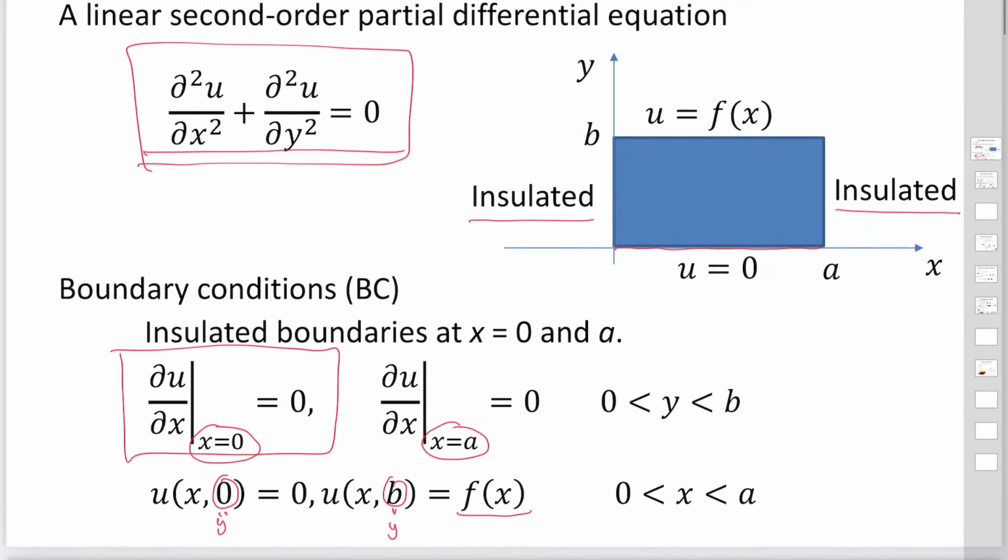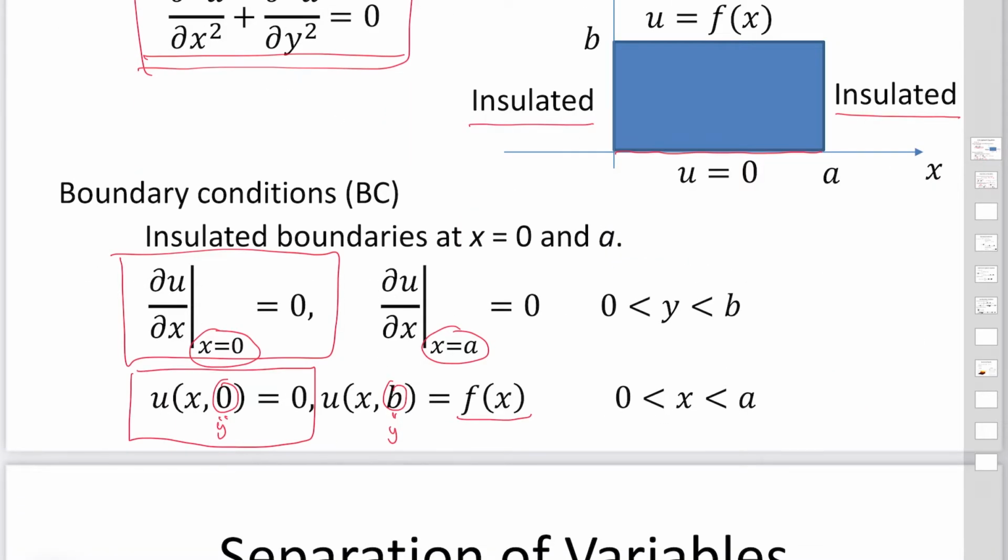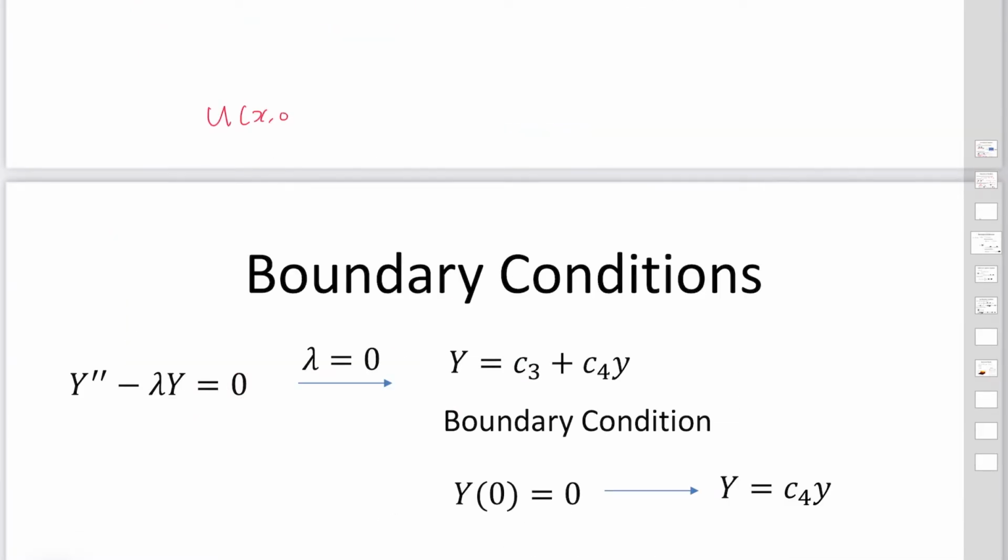We apply another boundary condition for y. At y equals 0, u becomes 0. So u(x, 0) equals 0. This means capital X of x times capital Y at 0 equals 0, so Y(0) equals 0.